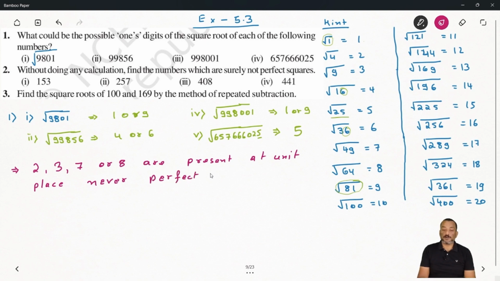Okay, so based on that we can solve this one.